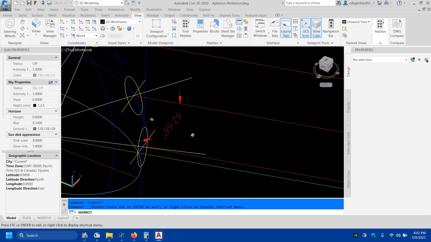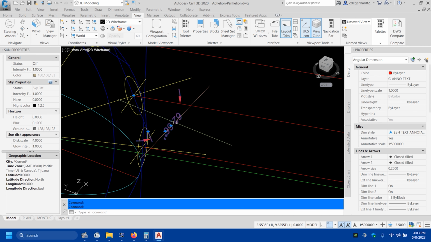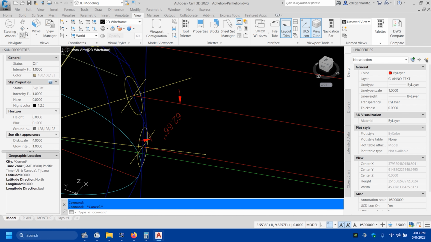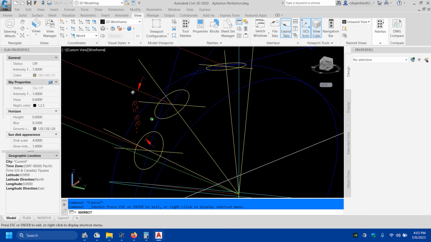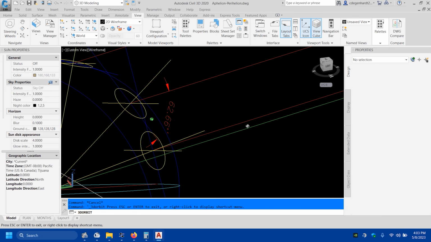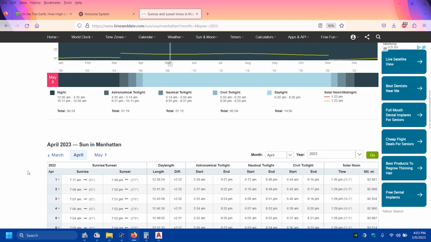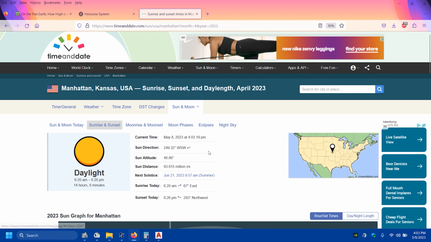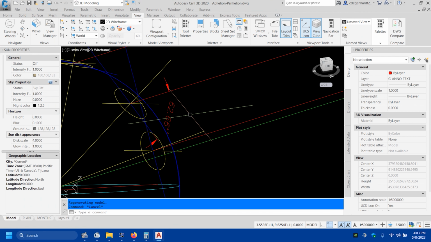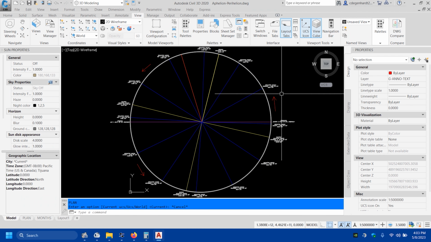If I rounded that, 62.66, so that'd be 63. So that's a pretty good guess. So 63, and that's for Manhattan. So the thing's pretty accurate.